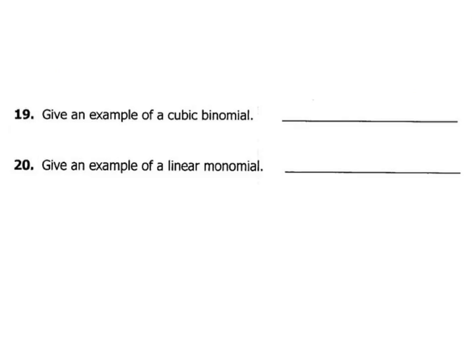All right, so 19 and 20, there's many different answers you could have for these, so I just want to give you one example. So if we wanted to give an example of a cubic binomial, we can say 3/5 x to the third plus 7/6 x. That would be a cubic binomial because the highest degree is 3 and there's two terms.